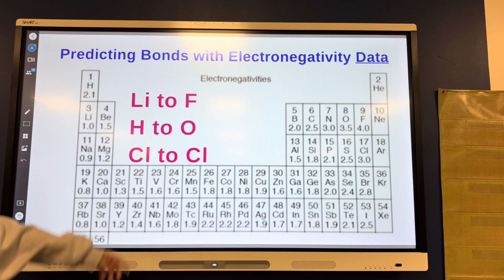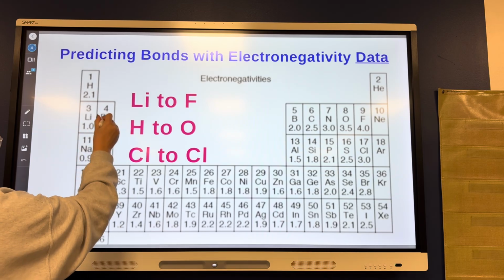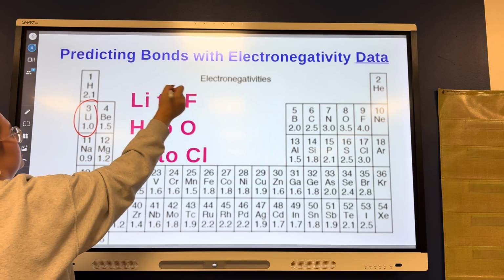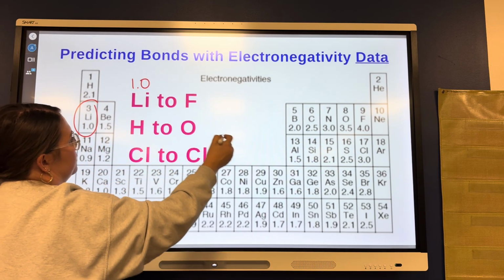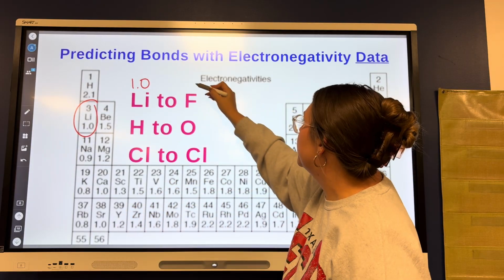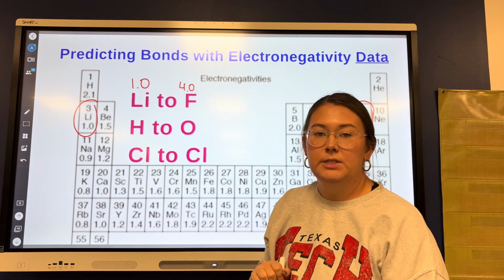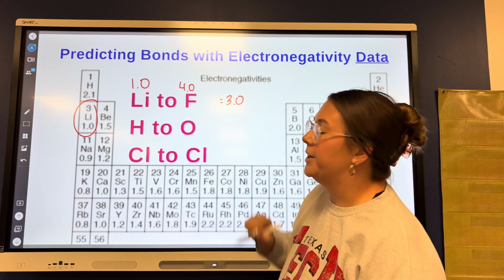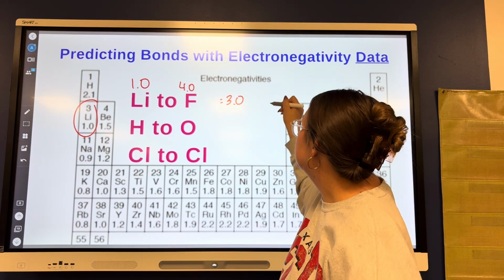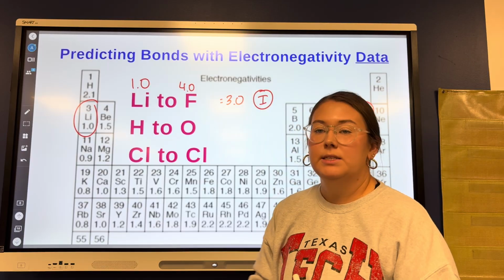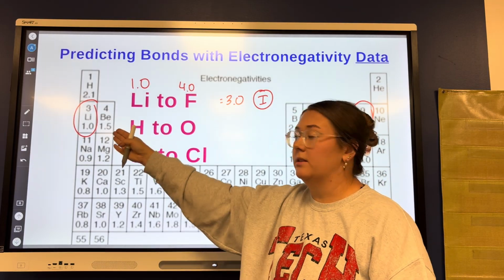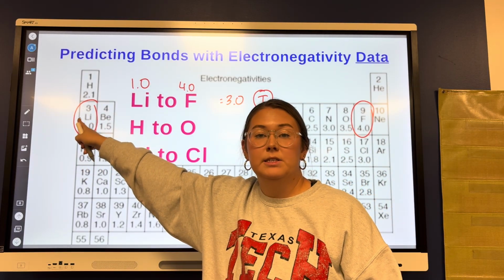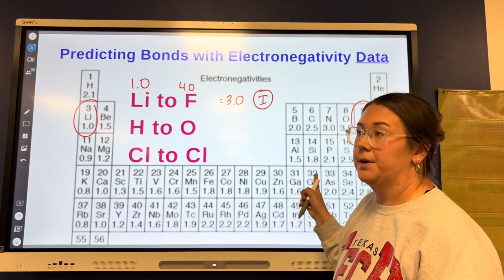Lithium to fluorine. Here's lithium, 1.0, and fluorine is 4.0. So the difference, 4 minus 1, equals 3.0. That's greater than 1.7. This is ionic. And I can also tell that it's ionic because lithium is a metal and fluorine is a nonmetal.